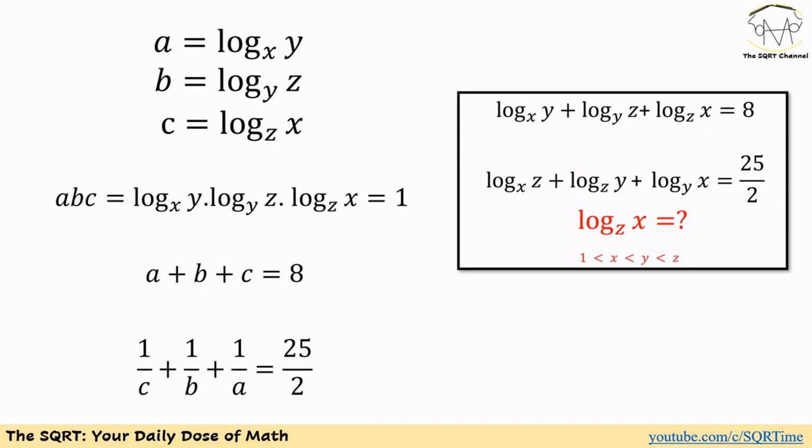For the last equation, note that what we have, for example for a, is log of y in base x. However, in this new equation that we have, instead of log of y in base x, we have log of x in base y. So instead of using a, we just used 1 over a.